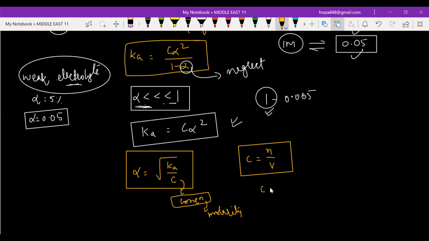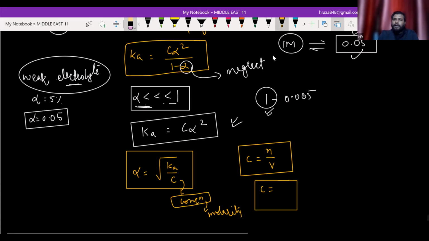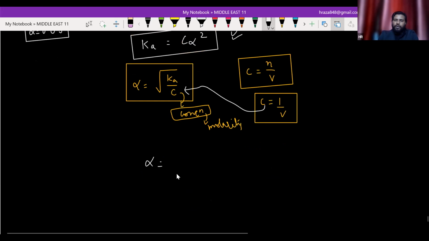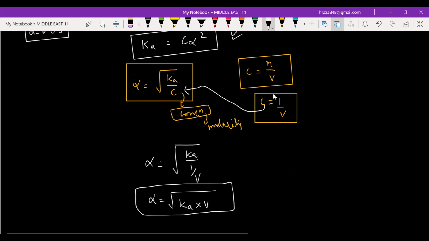Now we just took number of moles as 1 and volume V. So I'm going to put this value in this equation. What we will get is very important. You can see alpha is equal to under root of Ka upon 1 by V, and you will get alpha equal to under root of Ka into V. Do we get it or not? Yes, sir. Just write it.